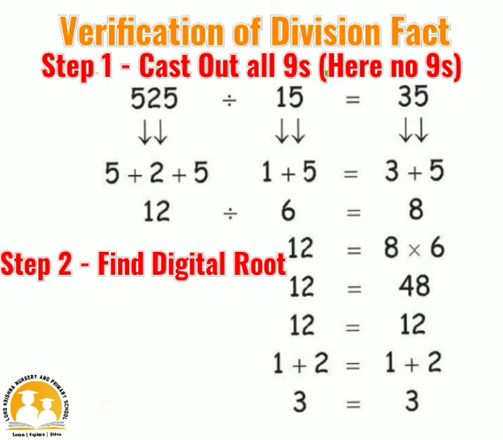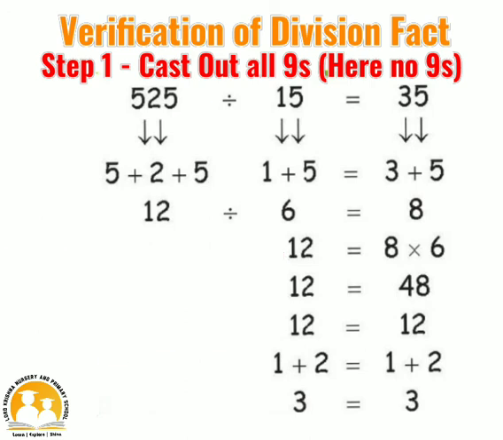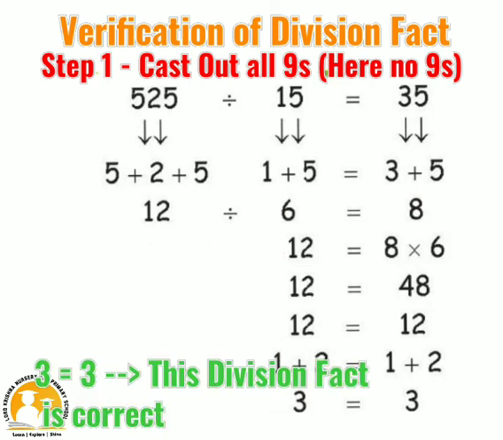So 12 divided by 6 is equal to 8. We know that division is the reverse of multiplication. So I am taking the 6 onto the right hand side as multiplication. So 12 is equal to 8 into 6. Finding the digital root again, we get 3 is equal to 3. So the division fact is right.